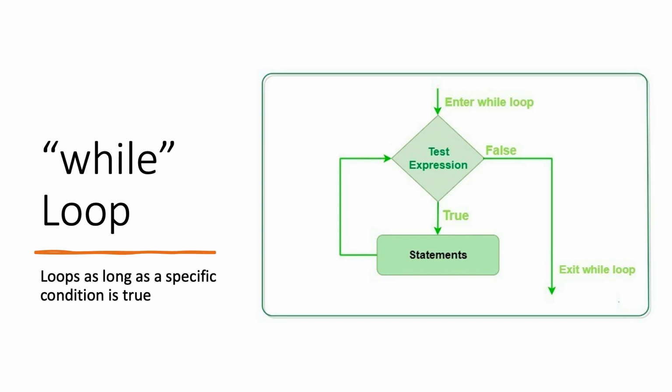Otherwise, the loop can become an infinite loop, running endlessly and potentially causing the program to hang or crash. So to avoid this, it's common practice to include statements within the loop that modify variables involved in the condition, and this ensures that the loop progresses toward termination. And I will show you an example of an infinite loop and how to avoid it.